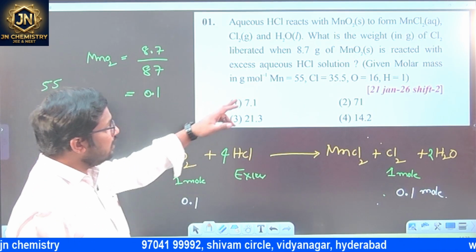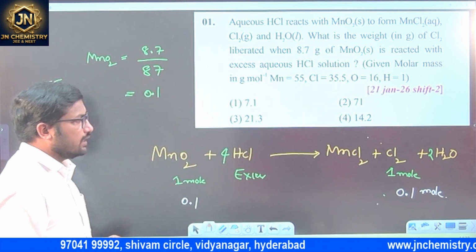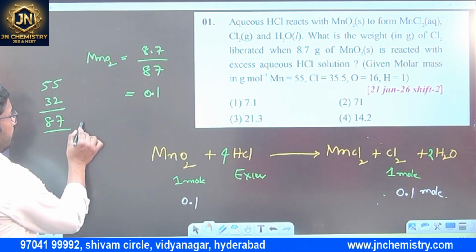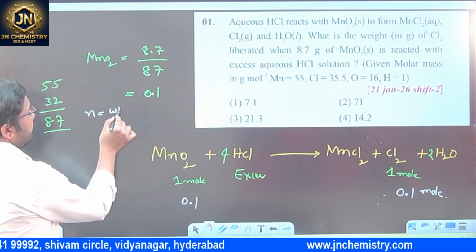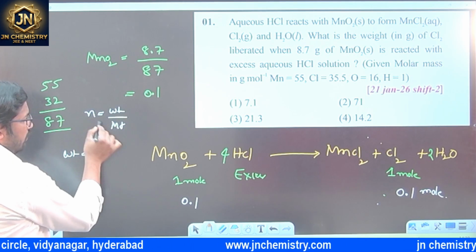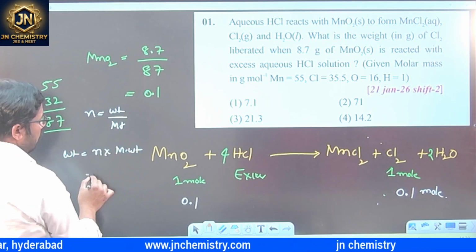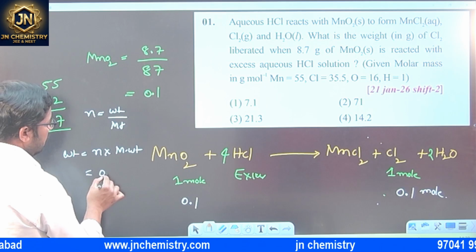But they are asking the weight of chlorine in grams. Number of moles is equal to weight by molecular weight. So we need weight. Weight is equal to number of moles into molecular weight. Number of moles is 0.1.